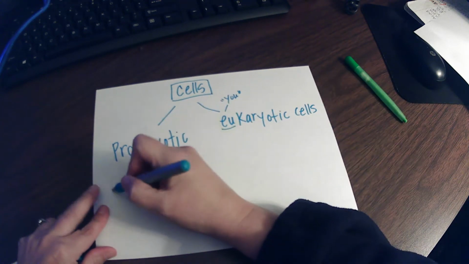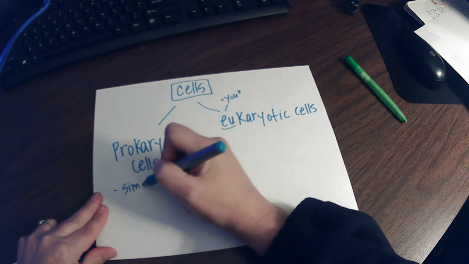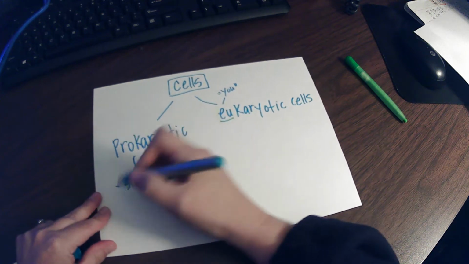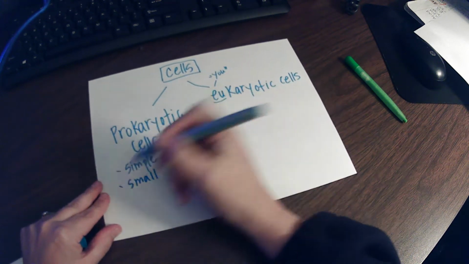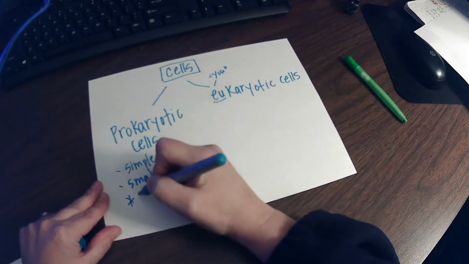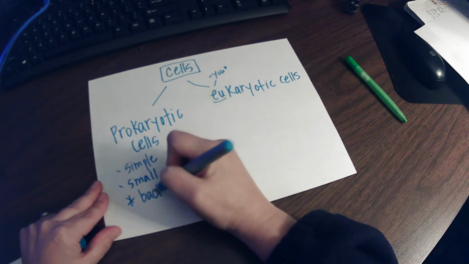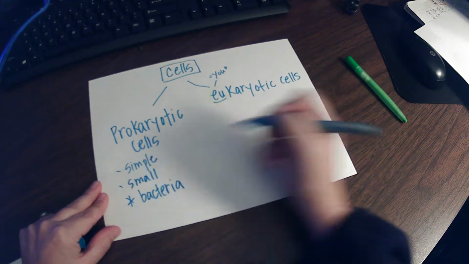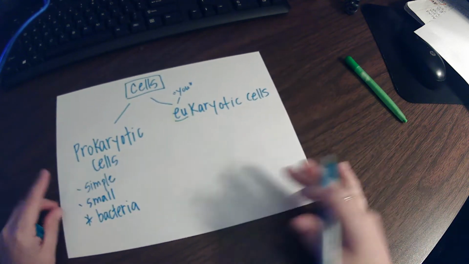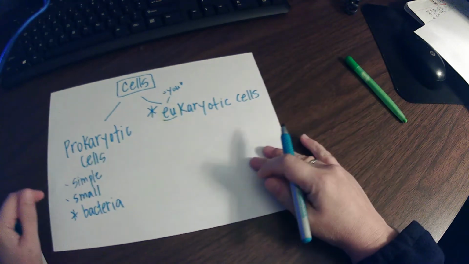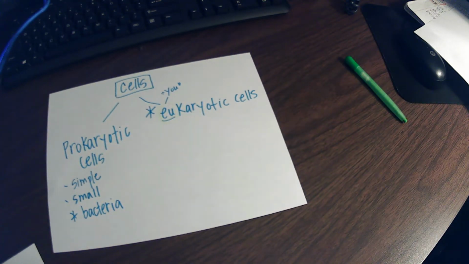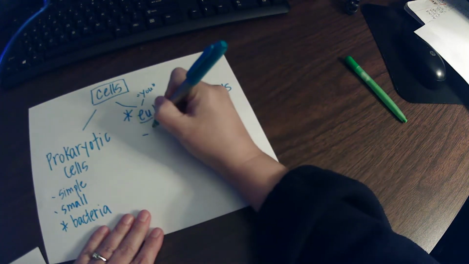Prokaryotic cells are simple, small. An example of this would be like bacteria. I want to focus on eukaryotic cells. Eukaryotic cells are complex.